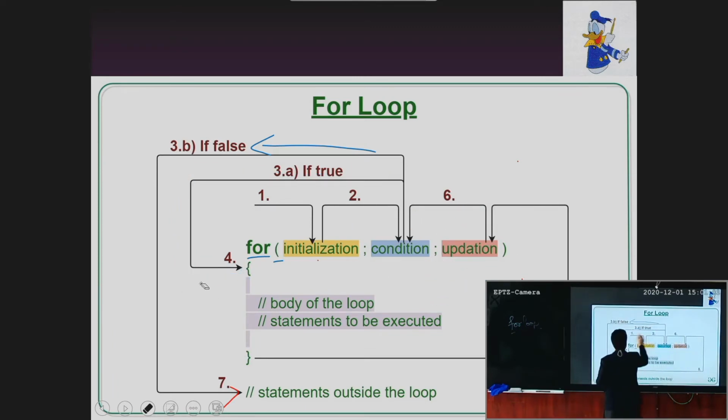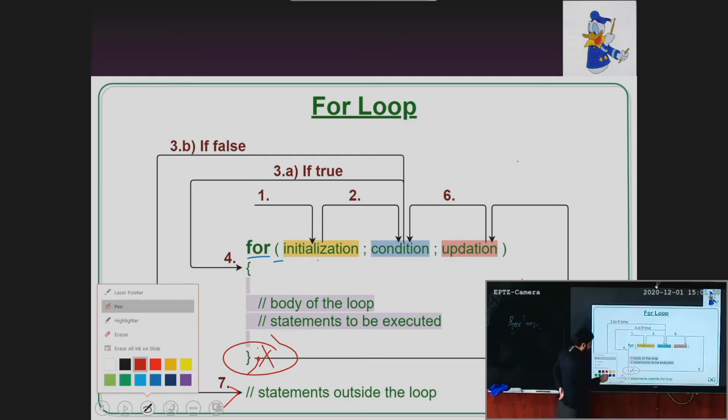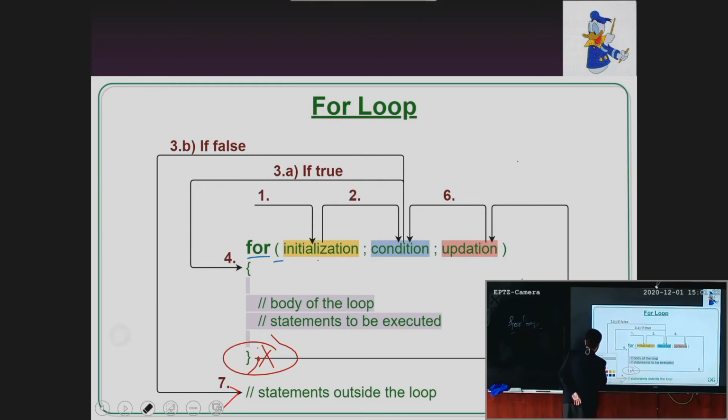Okay, so this is as per the syntax of the for loop. Here you can see there is no semicolon. You shall not introduce the semicolon. Remember, this is one of the errors that students normally make while they program for any problem, or when they are asked to program for any question.